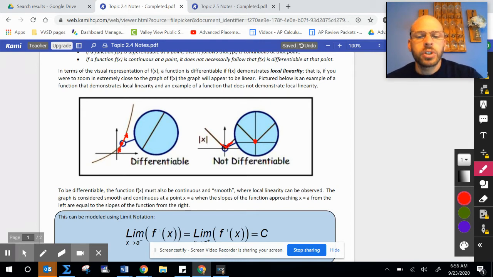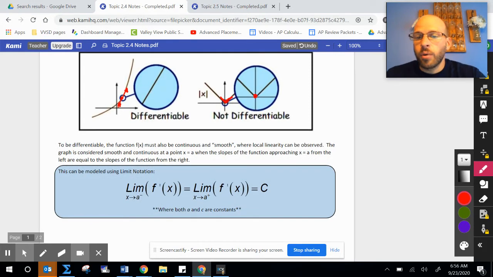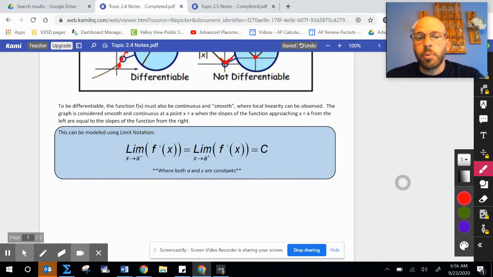So anytime you have a sharp turn at a point, and we'll go into a couple different ways in which that can happen, those are places where local linearity does not exist, and those are places where your function will not be differentiable.